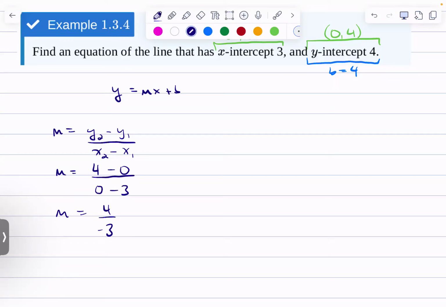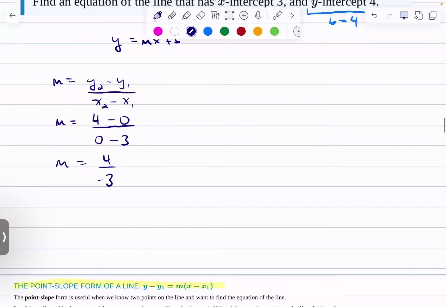That negative can float around in any spot as long as there's only one of them, right? You can move it around. In fact, I'm going to float it to the front, or I guess that's the top, negative 4 over 3x plus 4.